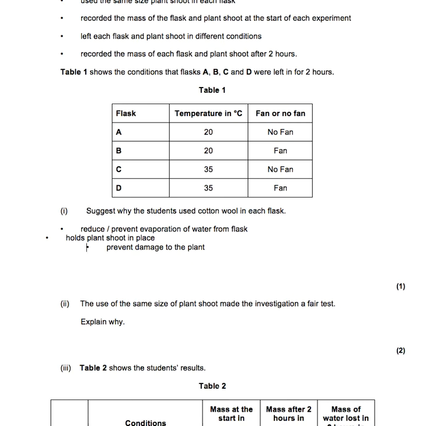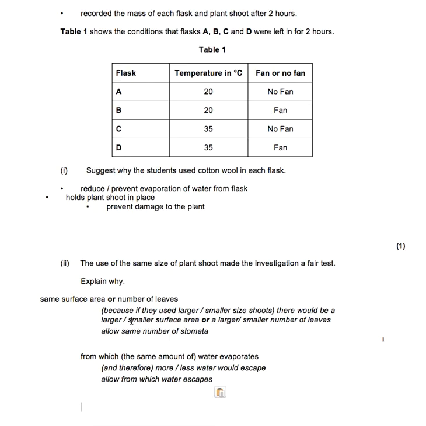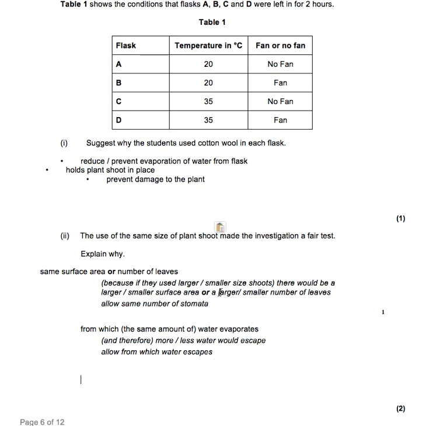The use of the same size plant shoot made the investigation fair. For 2 marks, why? Well, having the same size, of course, means that you'll have the same surface area or the same number of leaves, and you might have gone on to say why that's important.